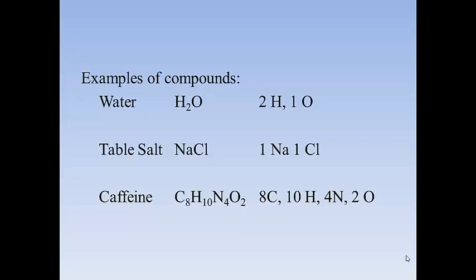So we can now look at the classification of matter in a flow diagram, and I apologize ahead that the writing is a little small, but that was so I could get it all in. We start with stuff, and then you ask the simple question: can the stuff be separated by physical means? If the answer is yes, you have an impure substance or a mixture. For the mixture, you ask, is every sample of the mixture identical?